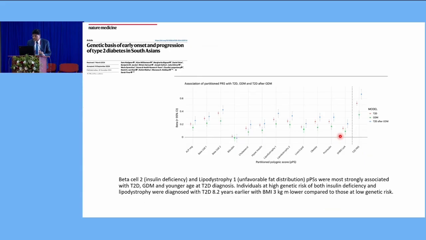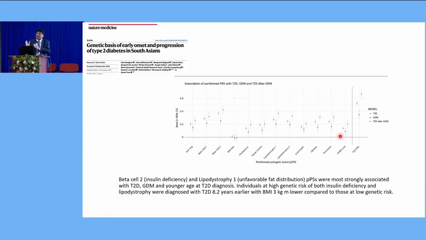And when these clusters were examined for the Asian Indian population, very interestingly we find a beta cell cluster with insulin deficiency, and a lipodystrophy cluster with unfavorable fat distribution. These clinical phenotypes are clustering with genetic susceptibility. If you say the occurrence of T2DM in the Indian population, how the gene manifests into a disease, there are at least two broad mechanisms: either impairment in beta cell function or fat redistribution.